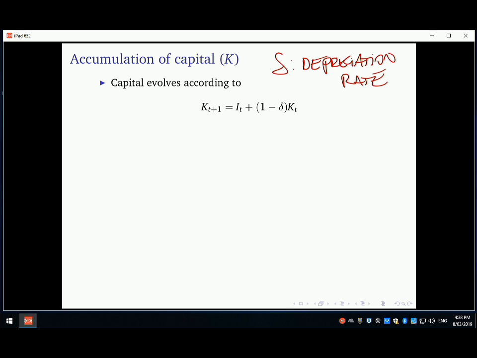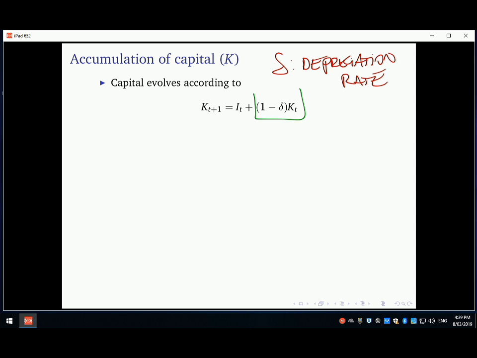So the 1 minus delta is the undepreciated part of physical capital. Delta is the part that is not useful, and it's going to be just wasted, right?